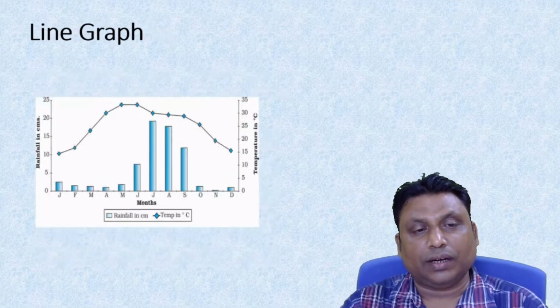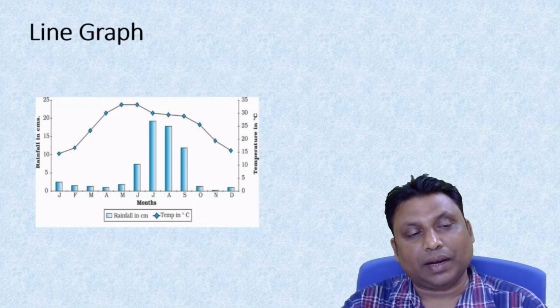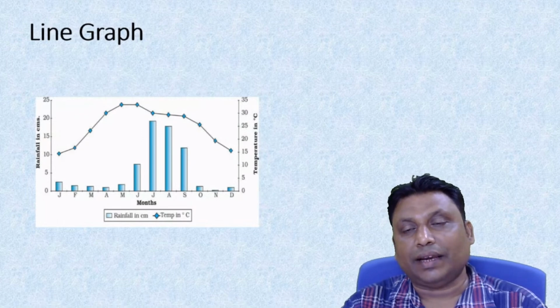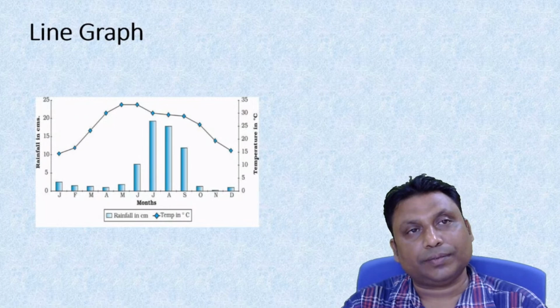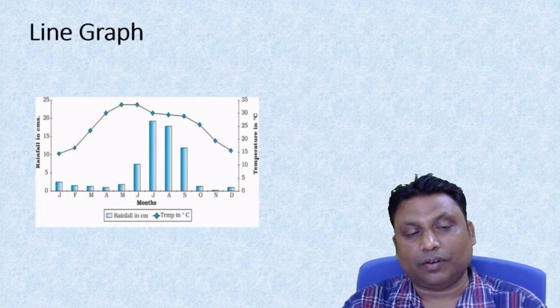In another way we can also do the line graph, because the data is given. From the data you can make a bar diagram and a line graph. According to the points also you can do it. Suppose product A, product B, product C, month is given, the temperature, the rainfall. Which month, what should be the rainfall?